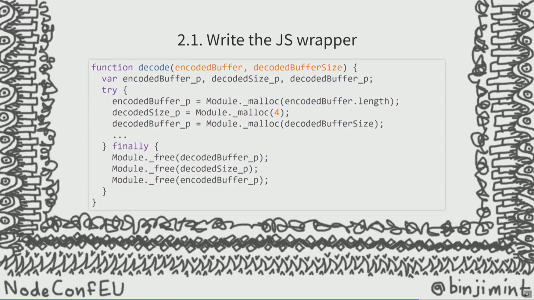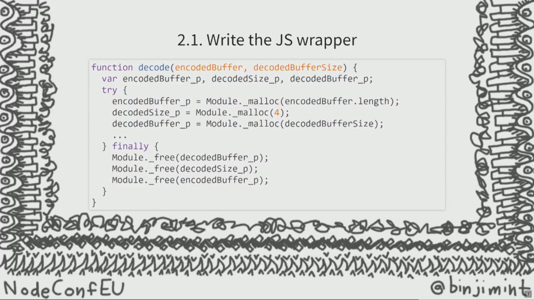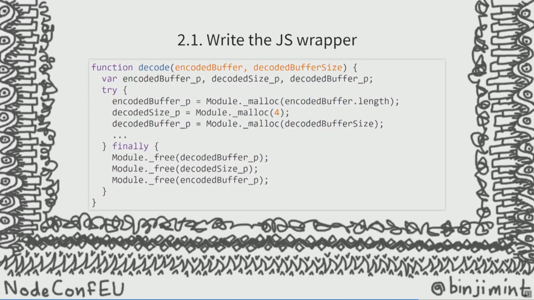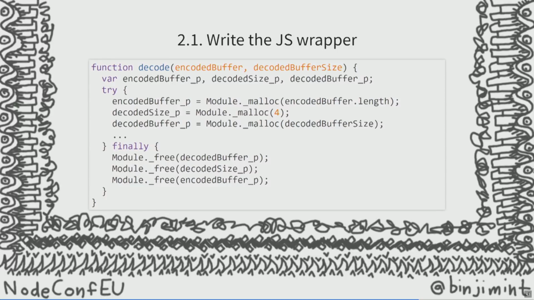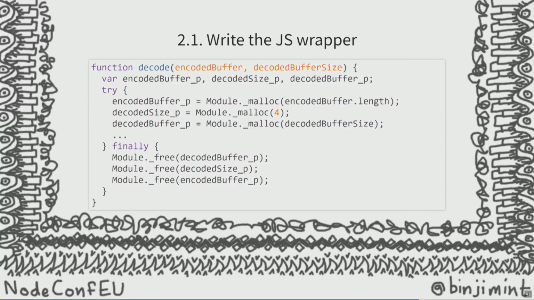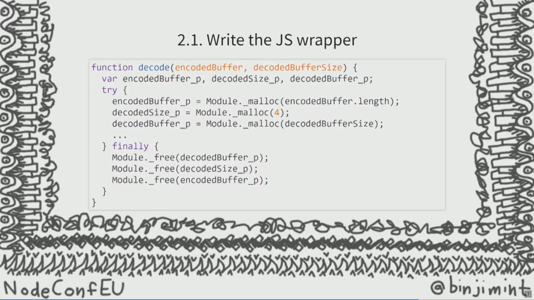And what I'm doing here is like kind of a pseudo-C JavaScript thing, which is a little bit funny. So you can see I have this _p after all the names. That's kind of like a pointer. It's more like an index into the WebAssembly memory. You can think of it as being like, where is my buffer in the WebAssembly linear memory, like I described before?